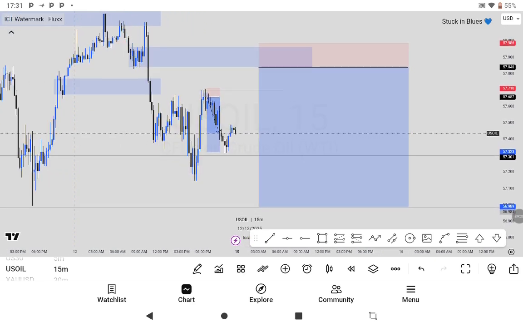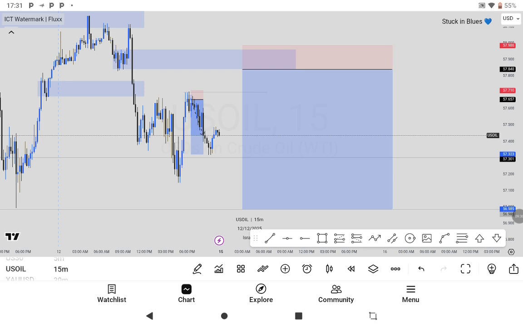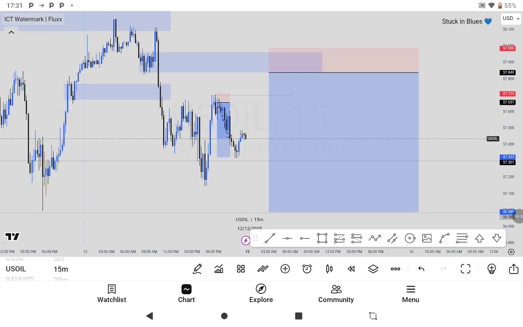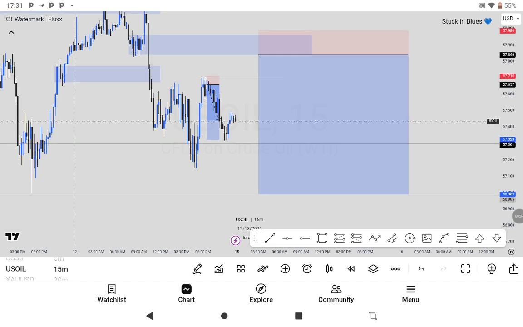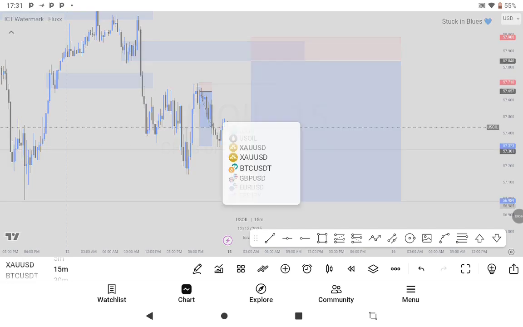But recently I don't really see that much volatility on this pair, but that's what I'll be expecting for now. You can see it. Let me leave it a little while so you can copy the stop loss entry and the TP. You can see how clear my trades are.